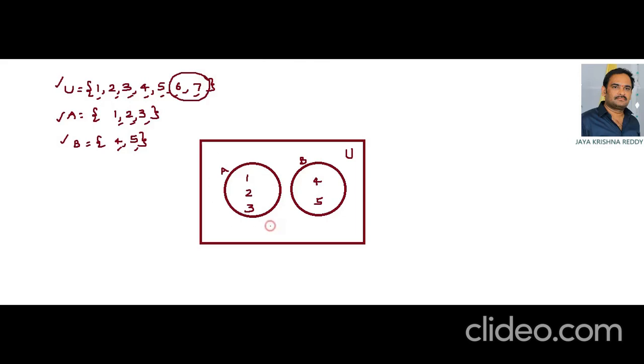So we have to write those elements outside the circles but inside the rectangle. So here you can observe, in the universal set, the elements are 1, 2, 3, 4, 5, 6 and 7. So this is the Venn diagram of the given sets.